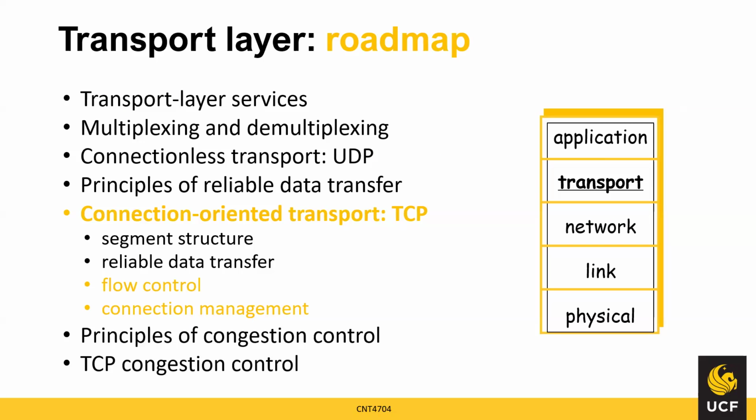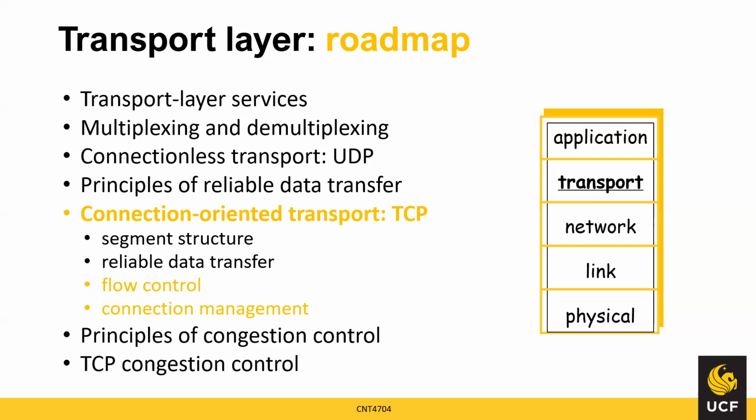So we talked about TCP segment structure and reliable data transfer with acknowledgements and sequence numbers. We looked at a few different scenarios that would have different needs. And now we're going to speak about flow control and connection management.